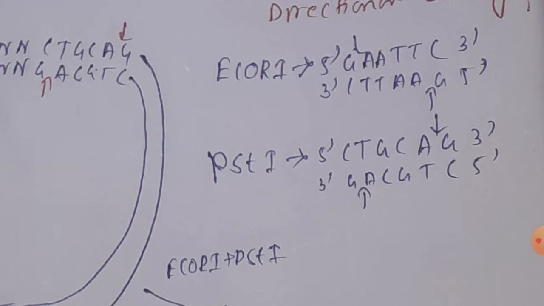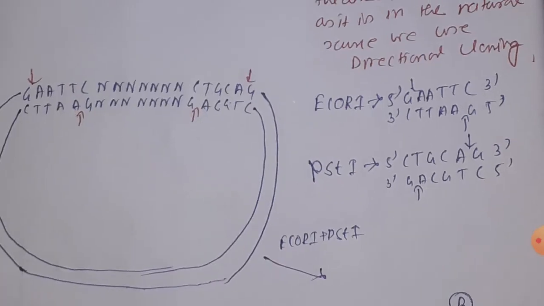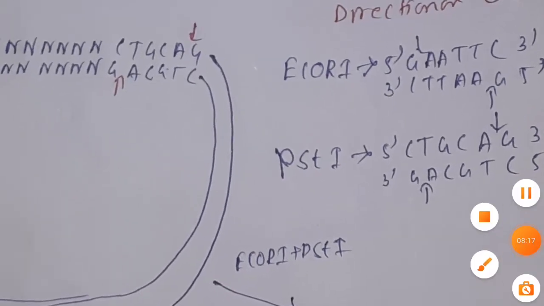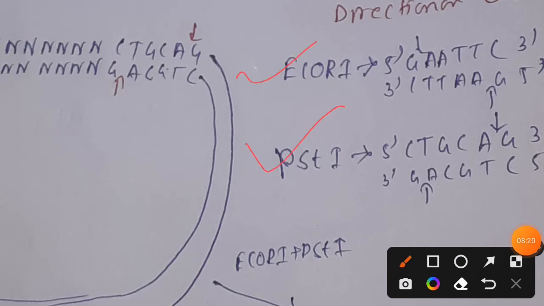Then you can do directional cloning. So here I have used EcoRI and PstI, but that does not mean that EcoRI and PstI are fixed. That is up to you, depending on what kind of gene of interest you are using, what kind of vector you are using, and what the sequence of your gene of interest is, right?